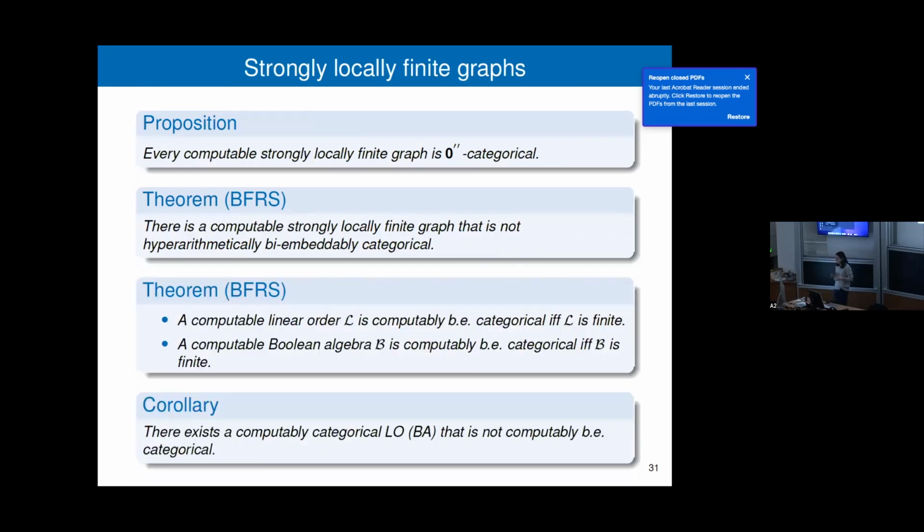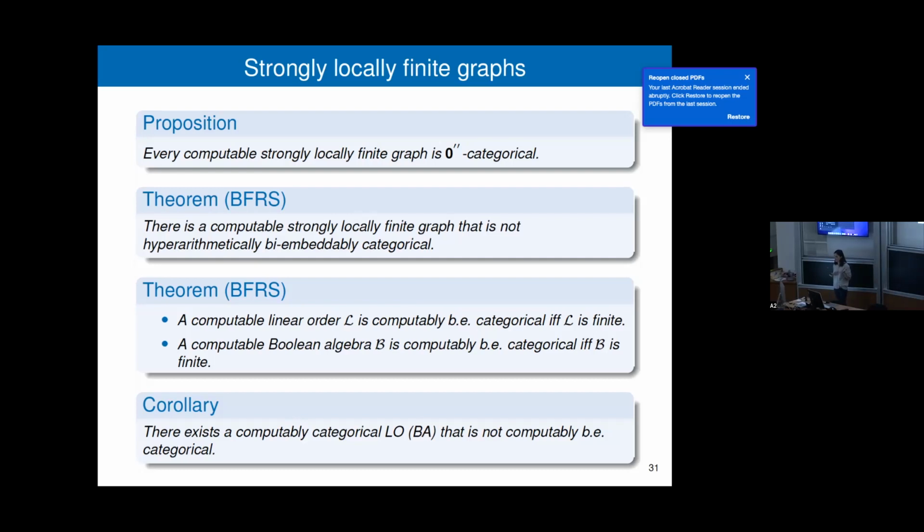What do we know for other classes? We also have some results for strongly locally finite graphs, and this is also an interesting difference. We know that every computable strongly locally finite graph has to be 0 double jump categorical relative to isomorphism.